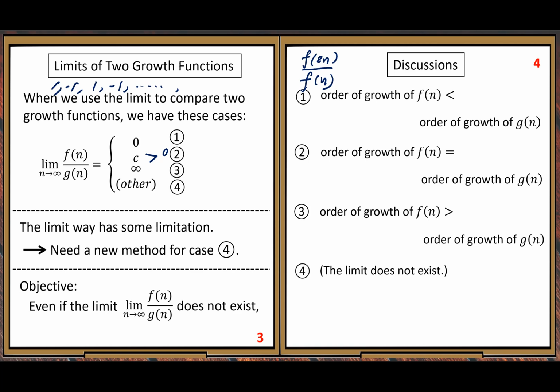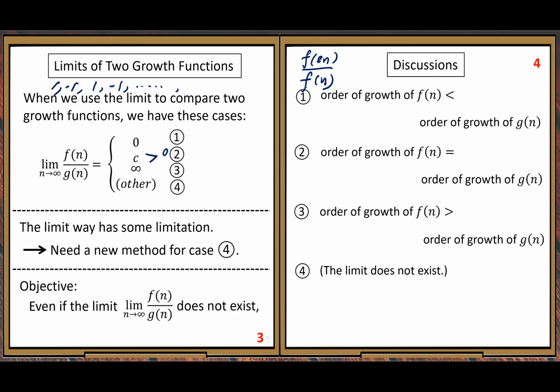Now, for this new method, look at our situation right now. We want to compare order of growth, and we assume the limit of the ratio does not exist.